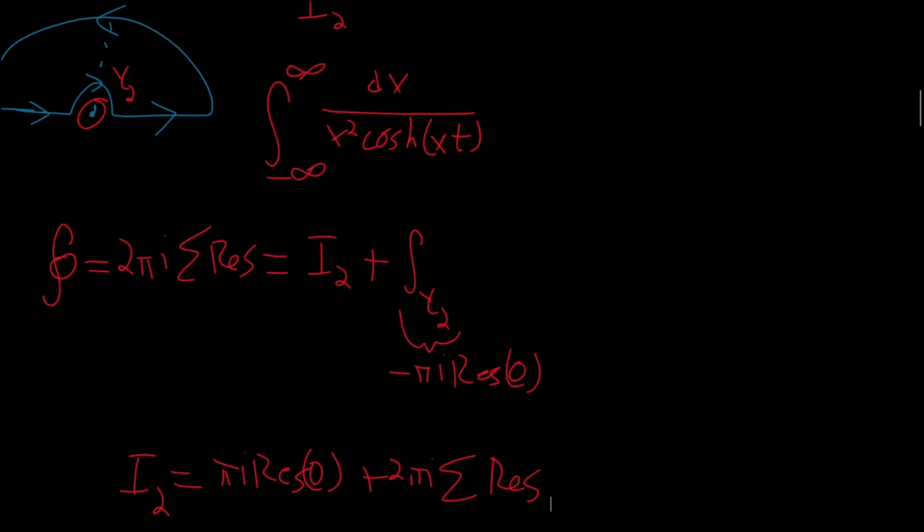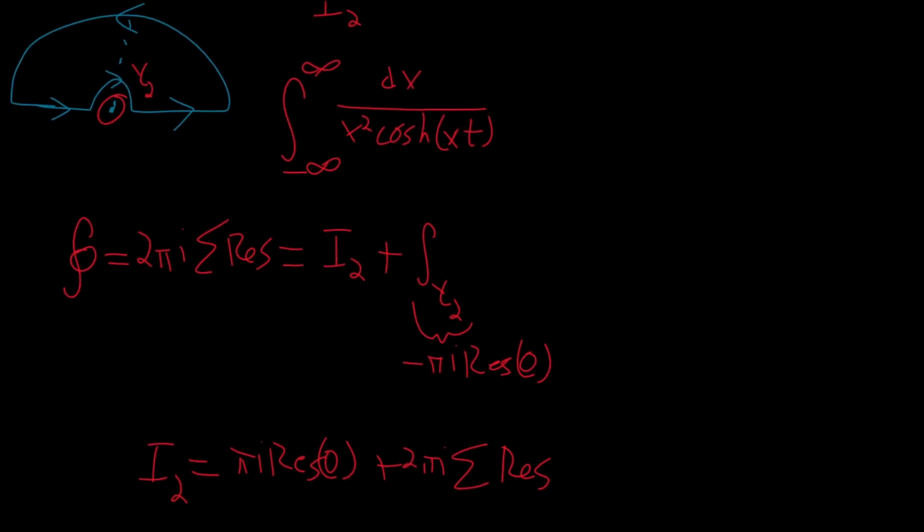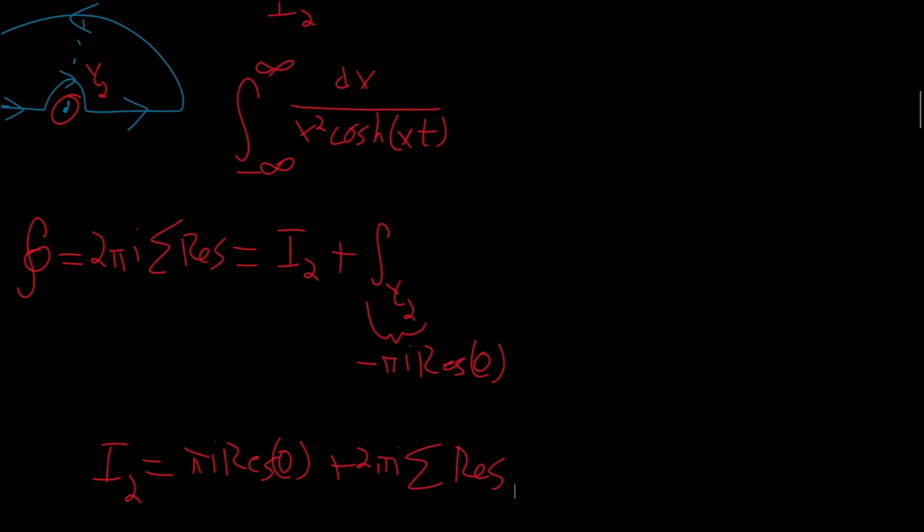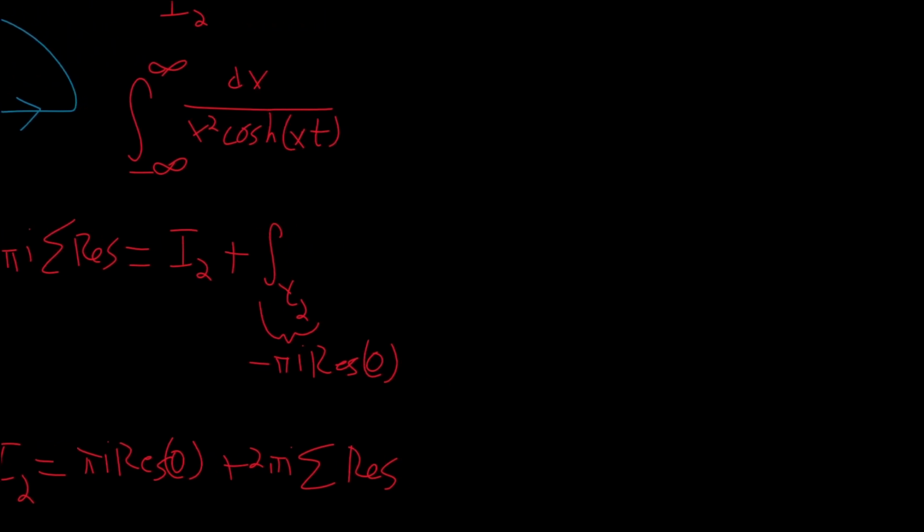So the question arises, where are actually our poles? There's an obvious one at 0, which I've been talking about, the implied value there. But when does hyperbolic cosine of xt equal 0?